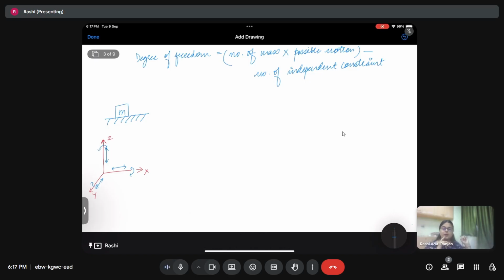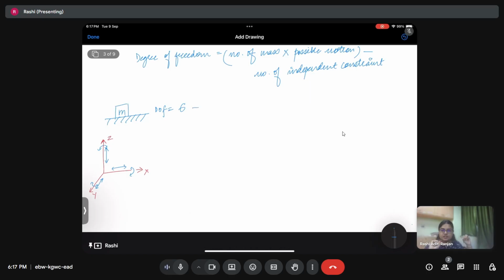These are the 6 possible degrees of freedom. Now this mass can have 6 degrees of freedom, so if I need to find out its degree of freedom, it is going to be 1 into the number of possible motions. Now I have to subtract the number of constraints, right?